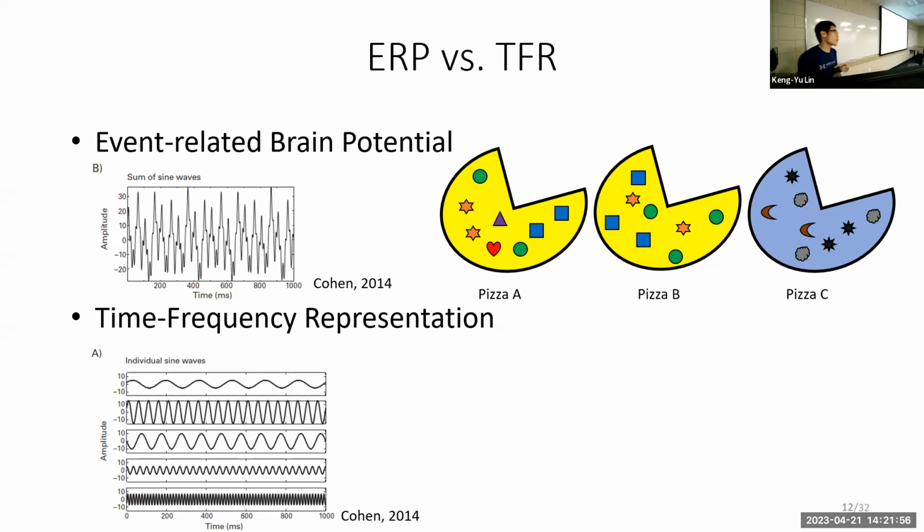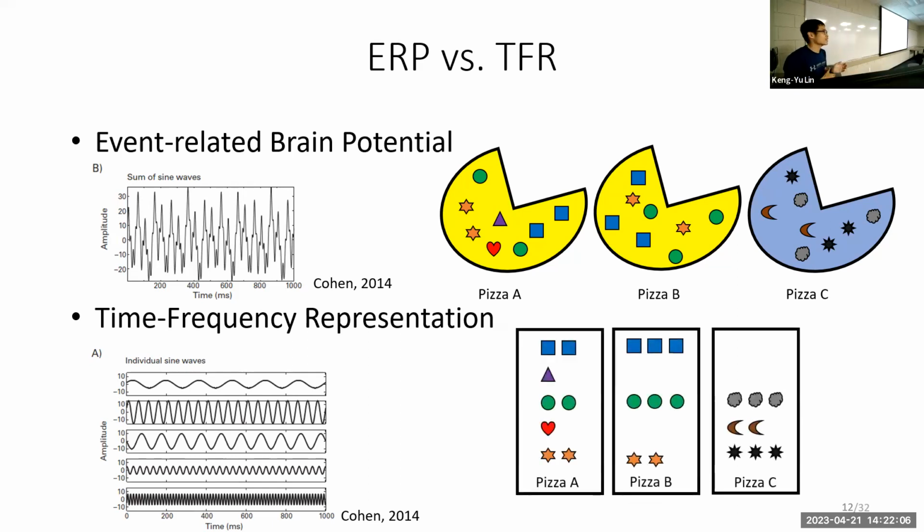But time frequency representation can help you extract the information. What time frequency representation is doing is to extract the ingredients from the pizza. Because pizza A and pizza B are so similar, when we compare these two pizzas as a whole, we cannot tell the differences. But now if you use the time frequency representation technique, you are really extracting the ingredients.